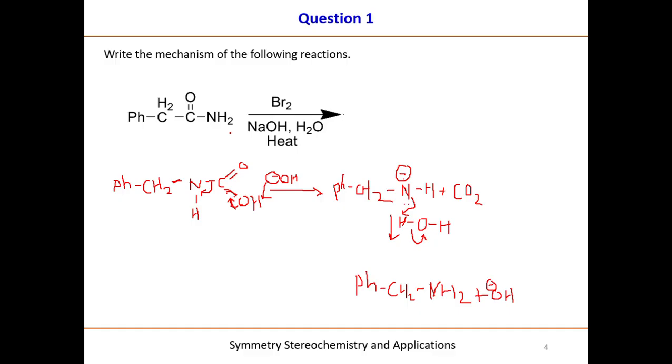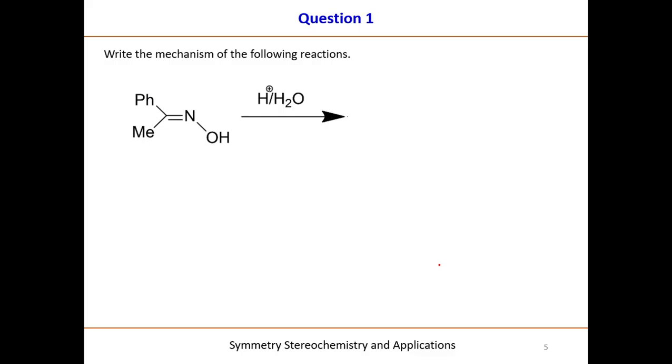In the last step the carbamic acid releases CO2 to form the amine. So we got the product amine here. I hope all of you are clear on this rearrangement reaction. Now let's talk about the next one.